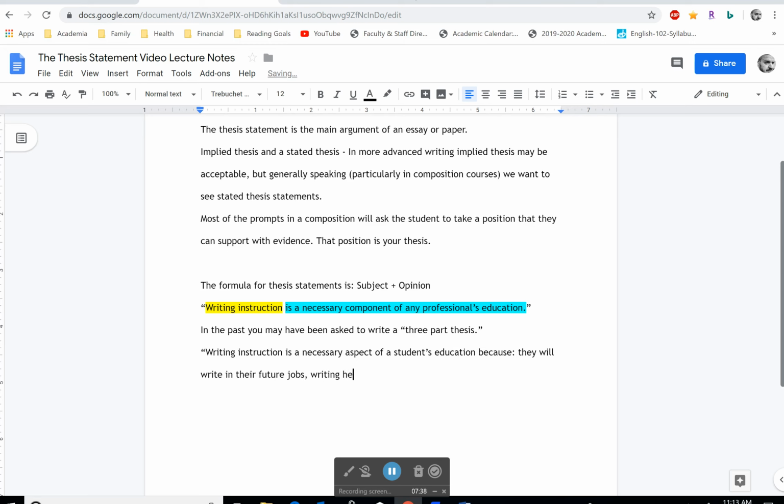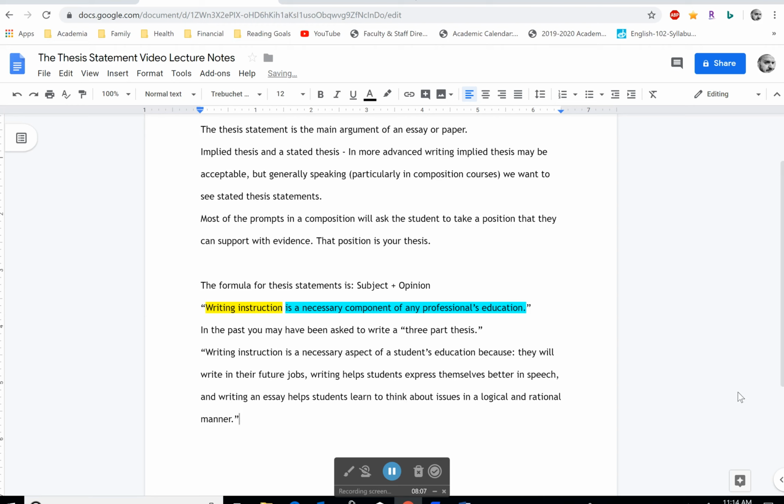Writing helps students express themselves better in speech, and writing an essay helps students learn to think about issues in a logical and rational manner.